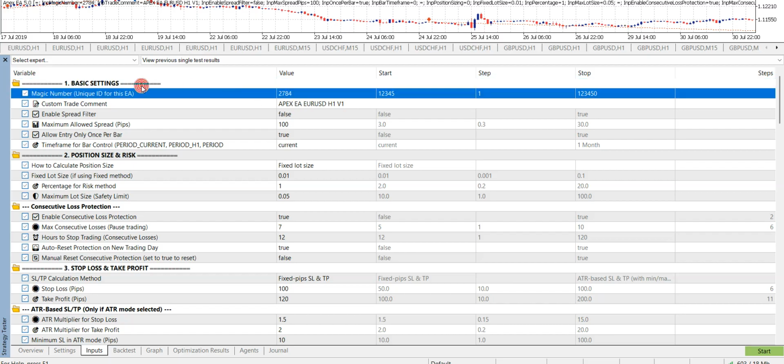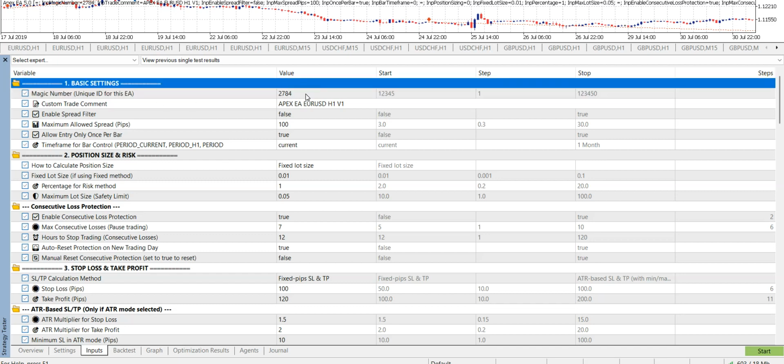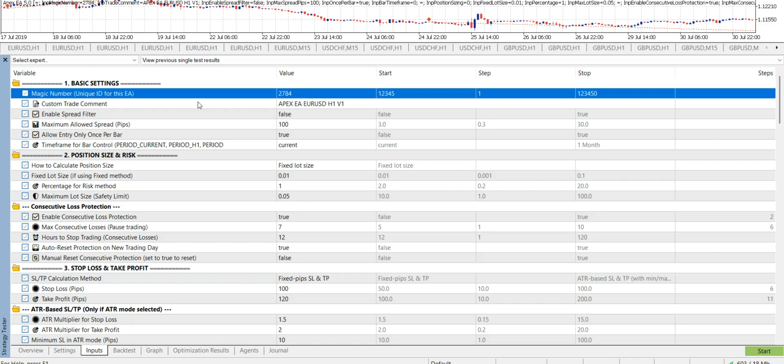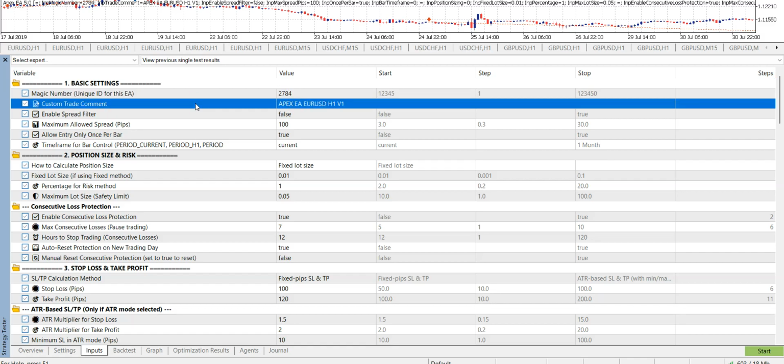So first of all, of course, we have the basic settings, which consist of the magic number. I also tried to write understandable names for the parameters, and let me know, and the group we are going to also talk it through.